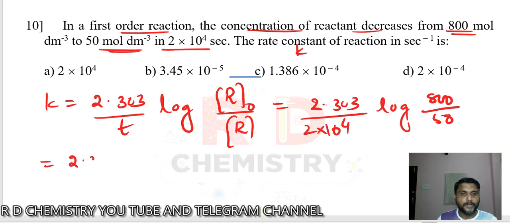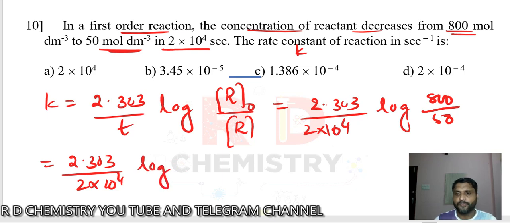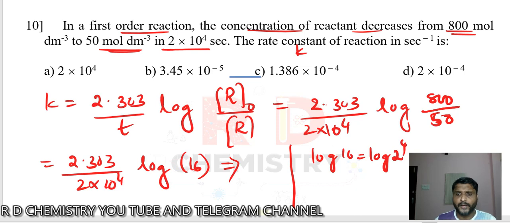So it is 2.303 divided by 2 into 10 power 4, times log of 800 divided by 50, which will be equal to 16. So this log 16 is equal to log 2 to the power 4, which can be written as 4 into log 2.